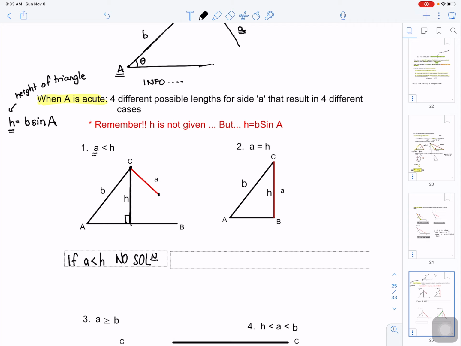If side A is equal to my height, then I'm getting a 90-degree triangle. I can use all my SOHCAHTOA, so if A is equal to H, we get a right angle triangle formed.